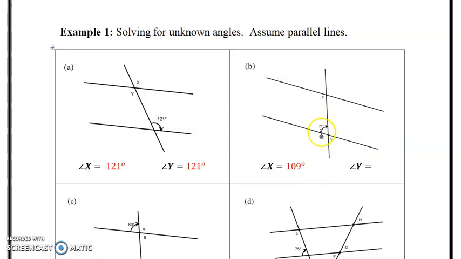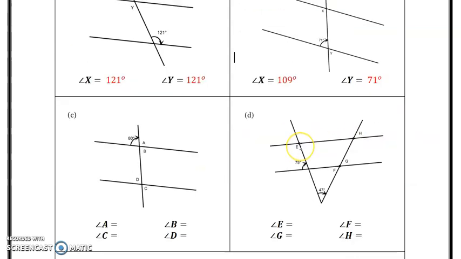We have both equal 180 added up. And angle y, these are called transverse angles, right? And that would be 71 degrees because they're equal, transverse angles.